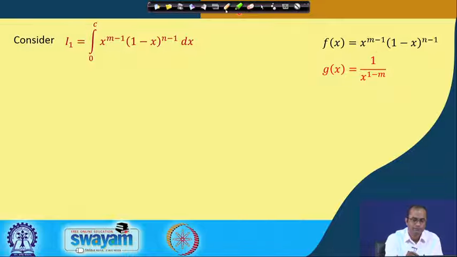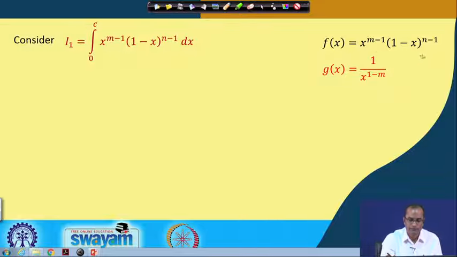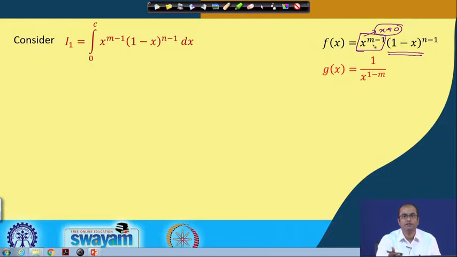We have it in this integrand as x approaches 0. This part is not creating any unboundedness as x approaches 0.